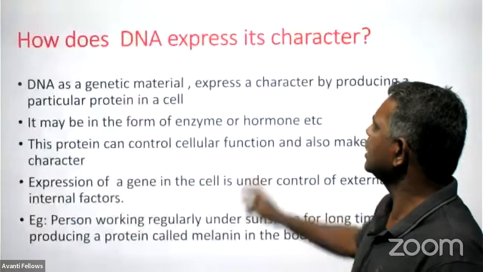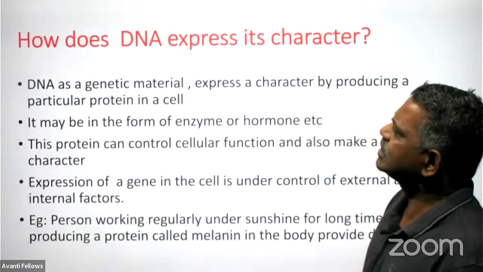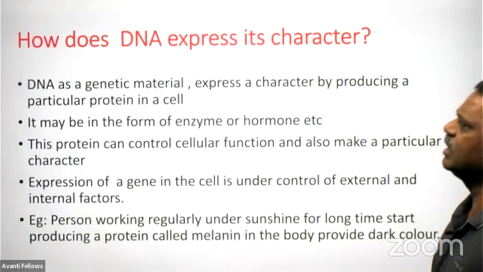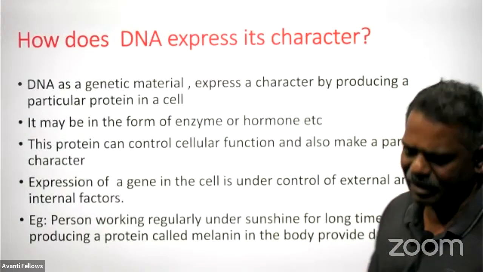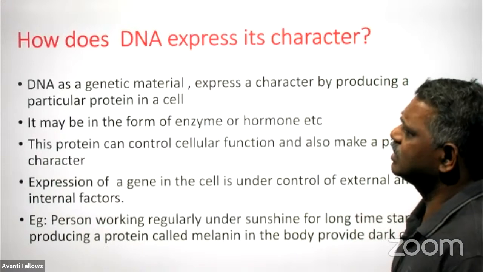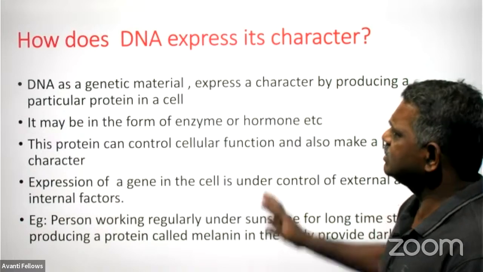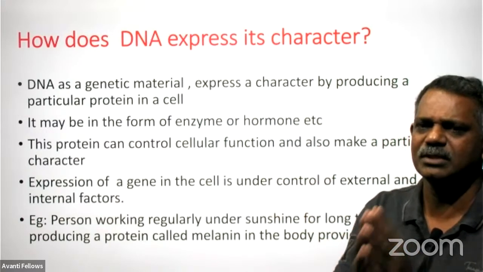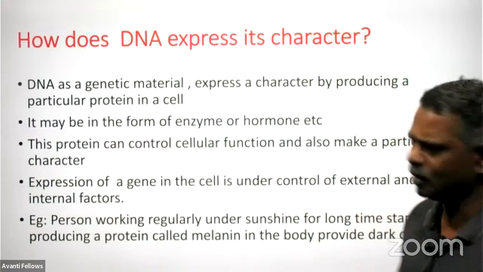No doubt it is determined by the DNA present in our body. And this DNA expresses a character. That is why we consider DNA as the genetic material, and this DNA expresses its character. How this DNA expresses its character, that is what we are going to discuss now.